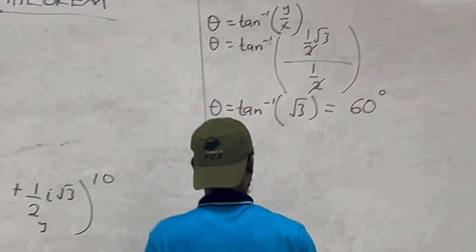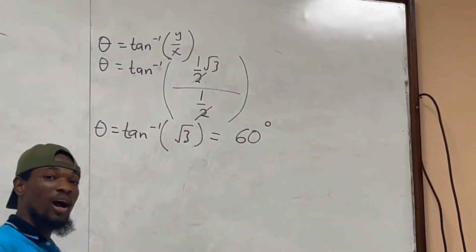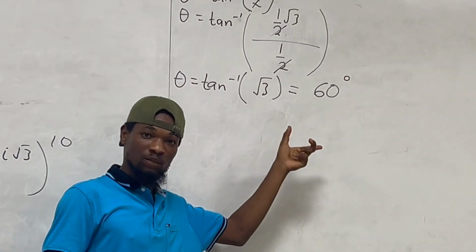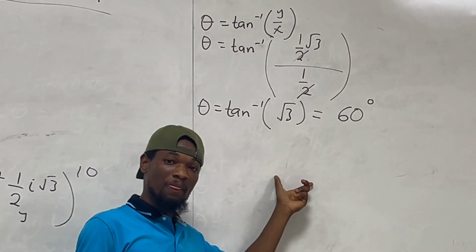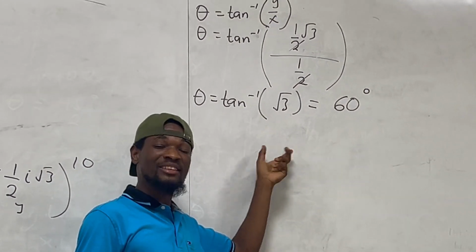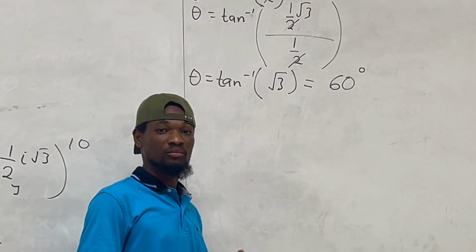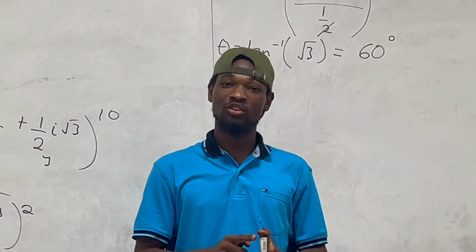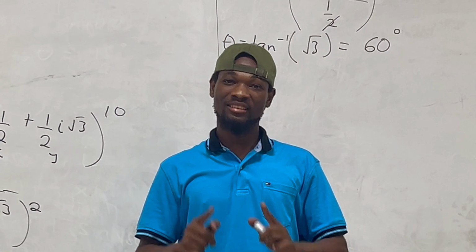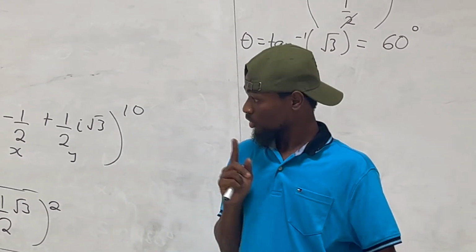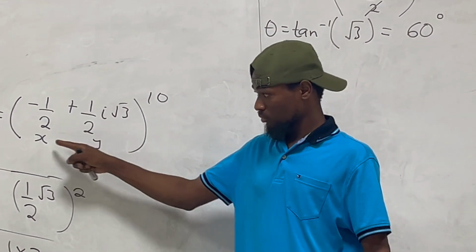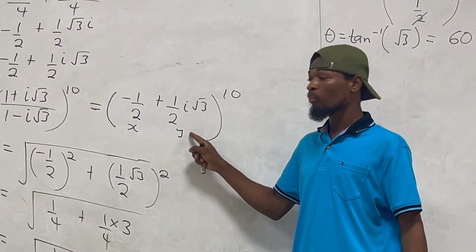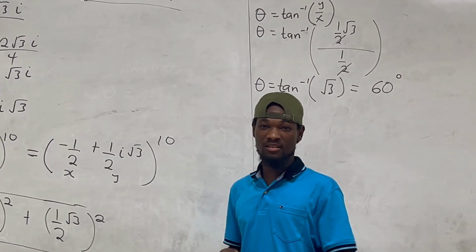So having done this, you ask yourself, is this angle the true angle? Is that the reference angle? Is that the argument? Is that the amplitude? Let's find out using the Argand diagram. I have a negative x-axis and a positive imaginary axis.